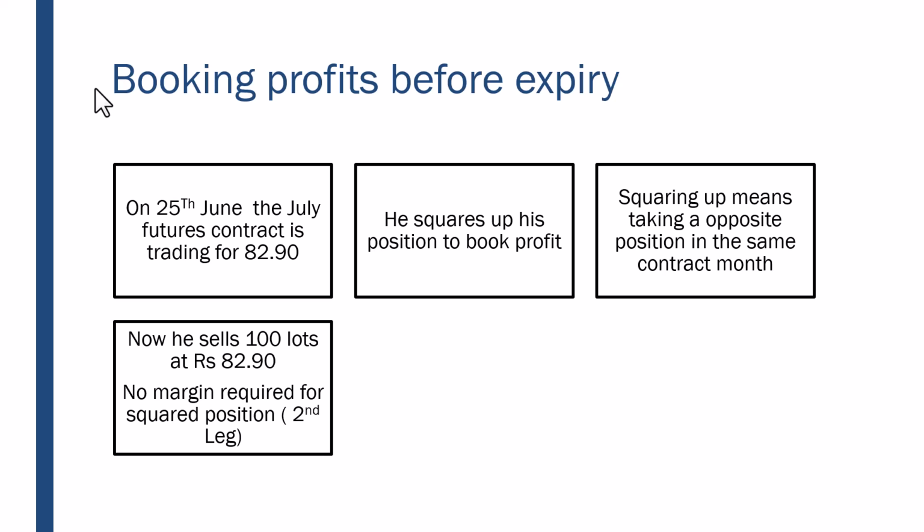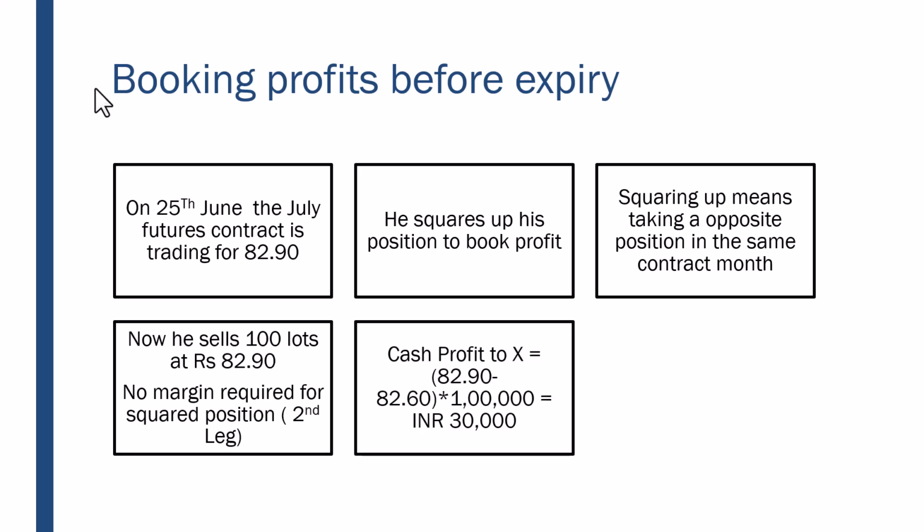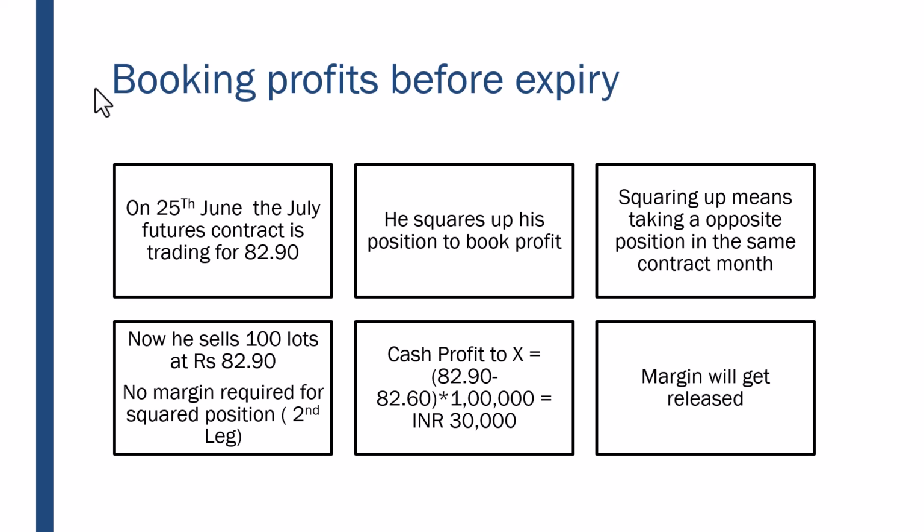The other leg may put me in gain or loss, and this position may give me gain or loss, but that will not belong to me because it will get cancelled out. If I have taken a long position, any further gain will not come to my pocket because I have taken the opposite position in my second leg. So all the gains and losses will get cancelled out. I am basically sitting on a cash profit of 30 paisa, so I'll get 30,000 rupees. Margins will get released.